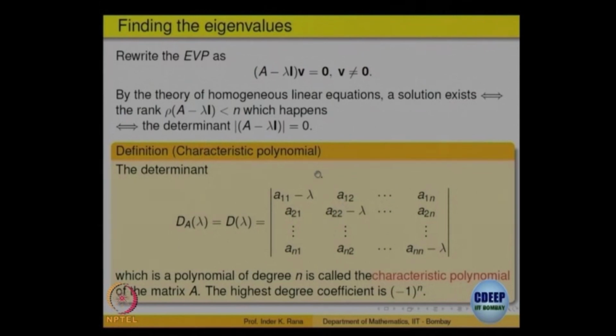Lambda to the power n, it will be minus lambda, minus lambda, minus lambda, so minus 1 to the power n, that factor will come out anyway. So, it will be minus 1 to the power n into lambda to the power n plus something equal to 0. The problem is how to solve that polynomial, find the roots of that polynomial. These are the values which are going to be called the eigenvalues of the matrix.